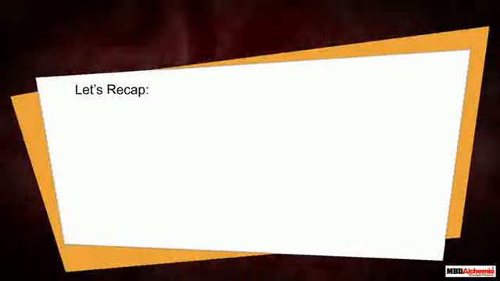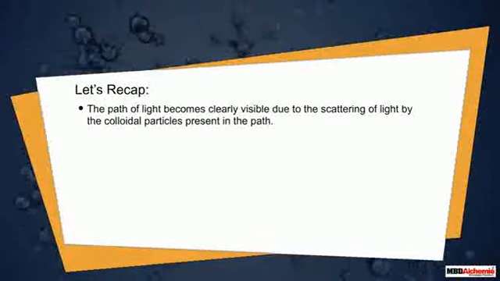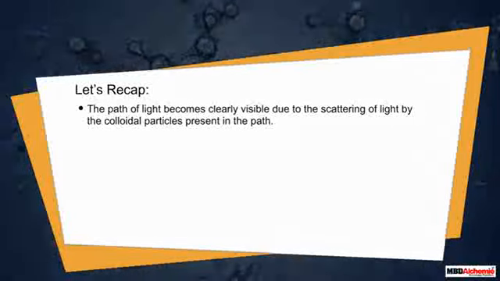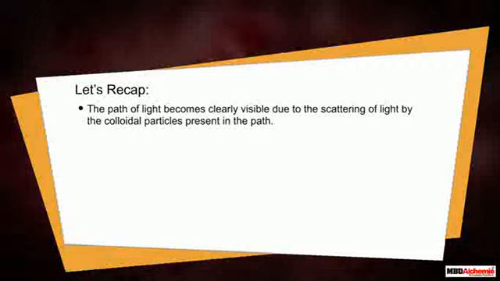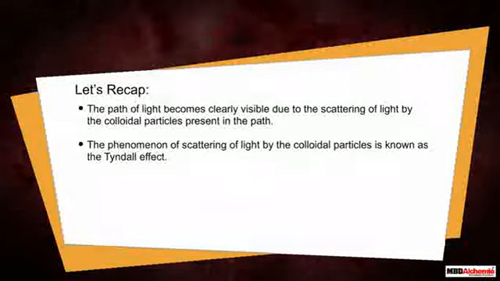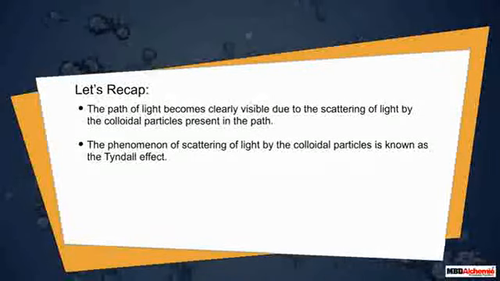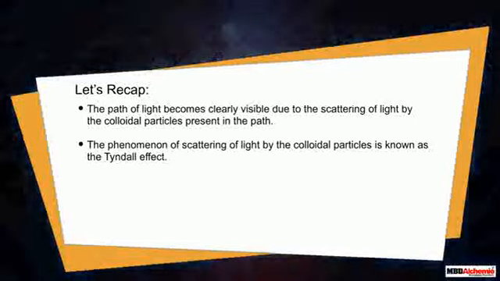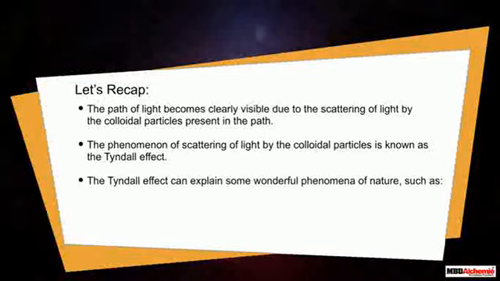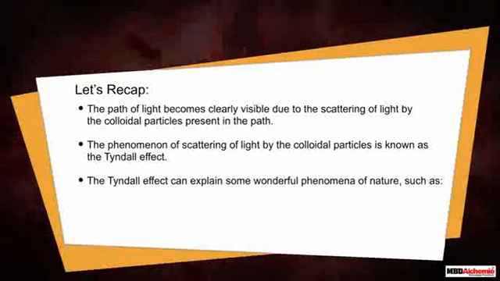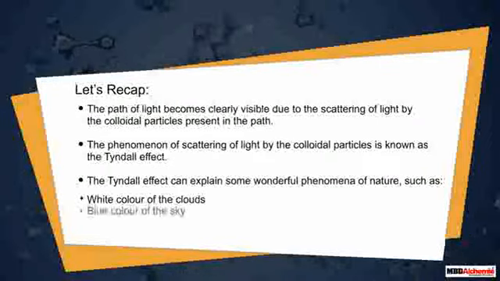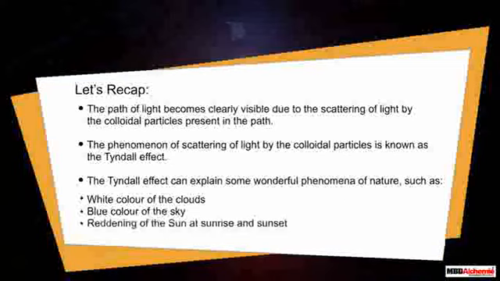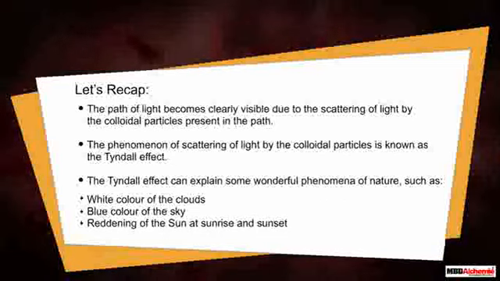Let's recap. The path of light becomes clearly visible due to the scattering of light by the colloidal particles present in the path. The phenomenon of scattering of light by the colloidal particles is known as the Tyndall effect. The Tyndall effect can explain some wonderful phenomena of nature, such as the white color of the clouds, blue color of the sky, and reddening of the sun at sunrise and sunset.